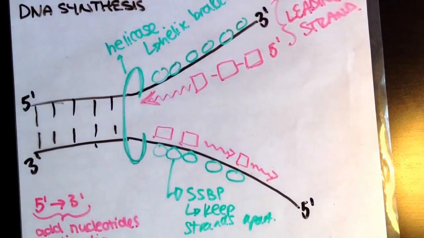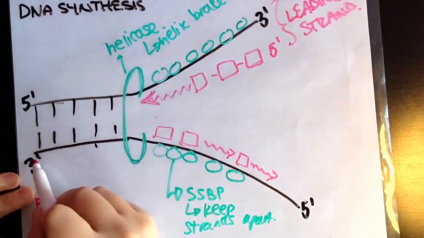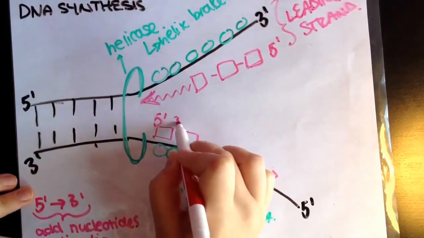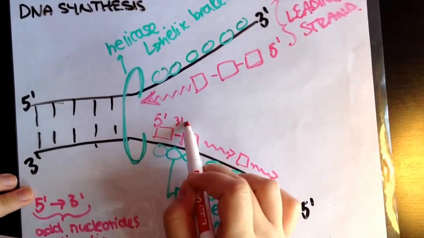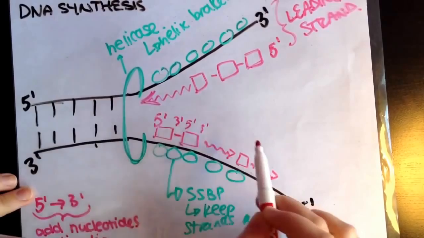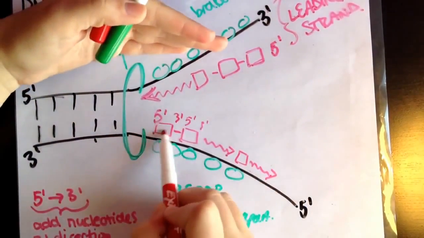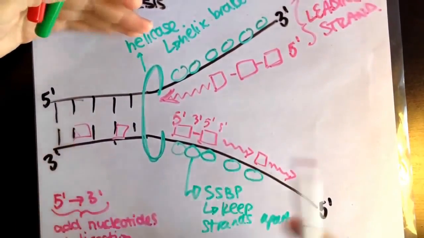And that again tells you that it's anti-parallel, right? So now if this is 3', it's being added on a 5' over here to a 3', and then you have a gap, and then again 5' to 3', and then you have another gap, because as it's opening, so imagine this opening up, I add it here, and then it opens more, so I have to add more here, and it opens and I have to add more here.